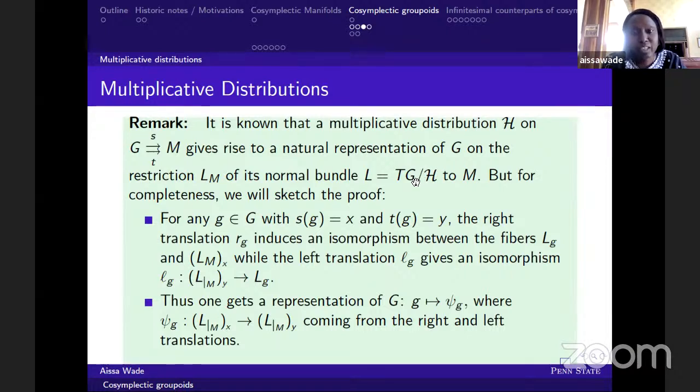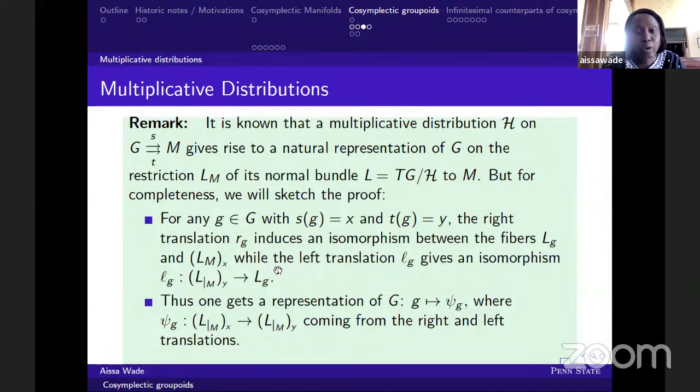So I'm going to go briefly over this representation. You take an element g of your Lie groupoid. Suppose that the source of g is x and the target is y. Now, if I take the right translation by g, this will induce an isomorphism between the fiber L_g, where L is just this normal bundle, and LM, the vector bundle over M at its fiber at x.